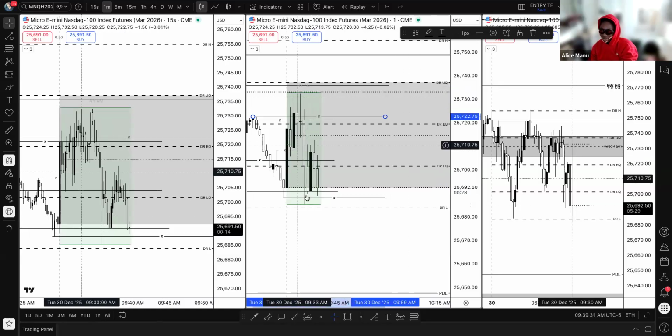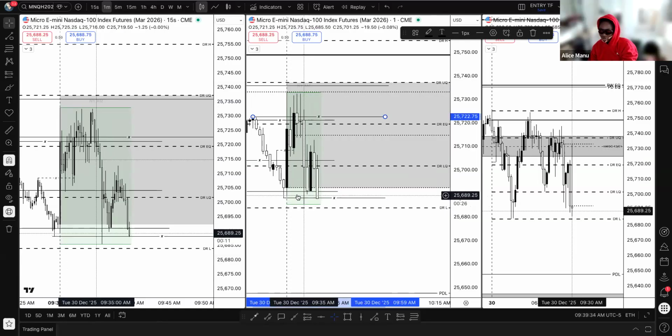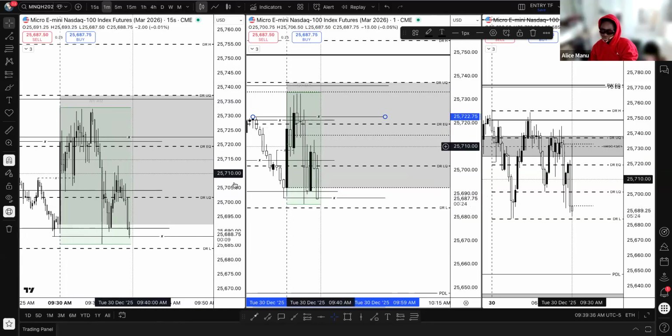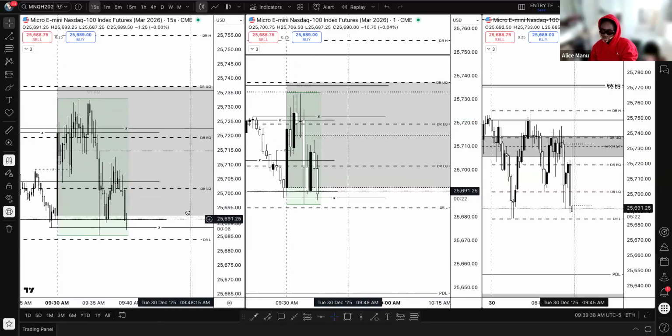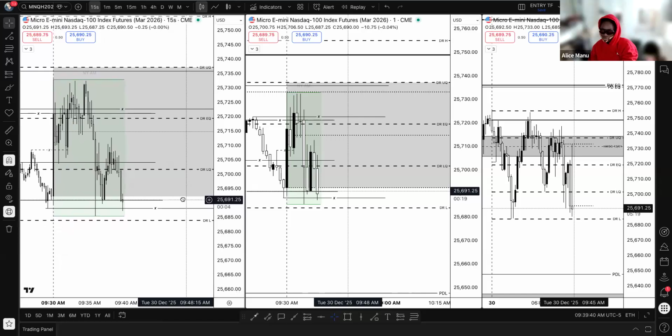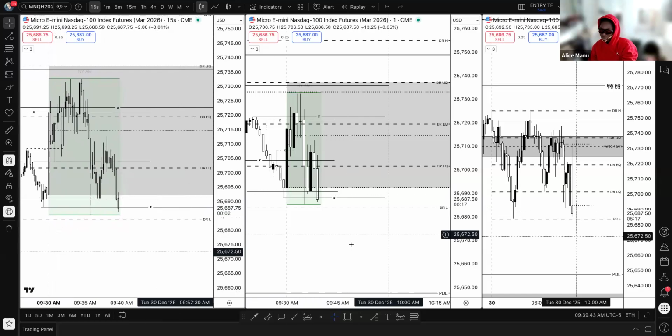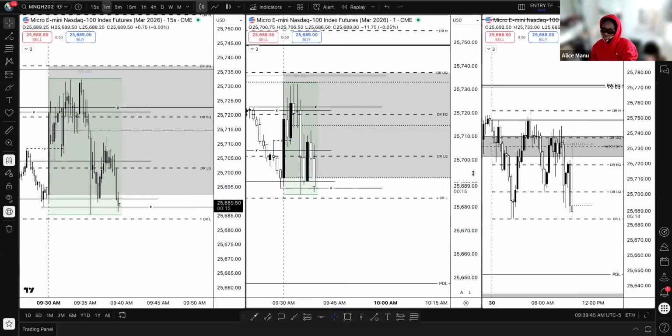It takes buy side here, displaces down, market structure shift in 1 minute.